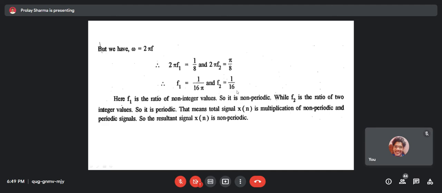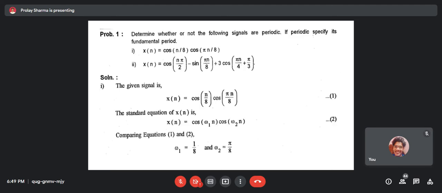So multiplication of a non-periodic and a periodic signal will result in a non-periodic signal. With this we can conclude that x[n], as it is the result of multiplication of a non-periodic signal and a periodic signal, will be a non-periodic signal.